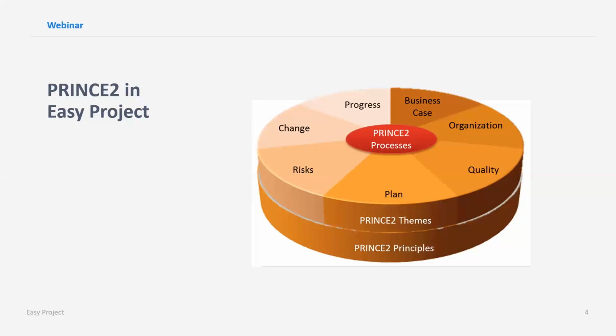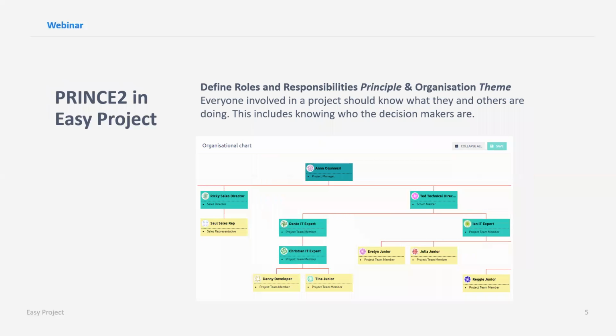As you can see, there are quite a few processes, themes, and principles, so we cannot dive into each in great detail. That's why I have chosen a few of the themes, principles, and processes that you can apply in Easy Project, and I will show you today in detail how to work with them. For instance, we'll look at the principle of define roles and responsibilities and the organization theme.